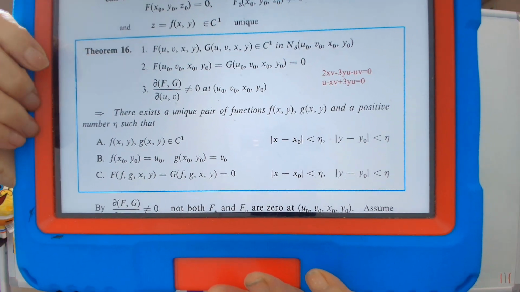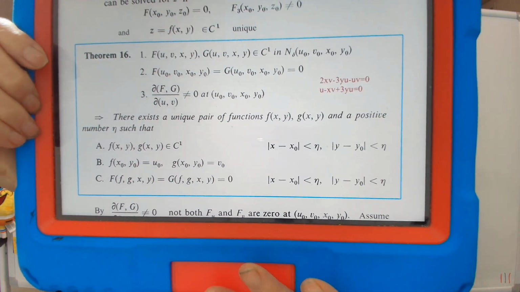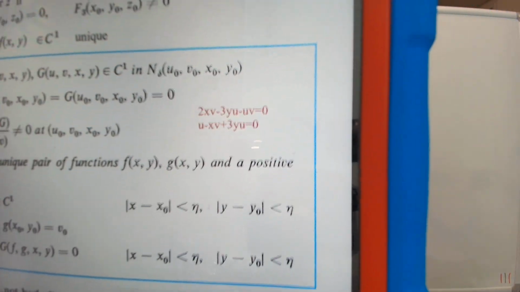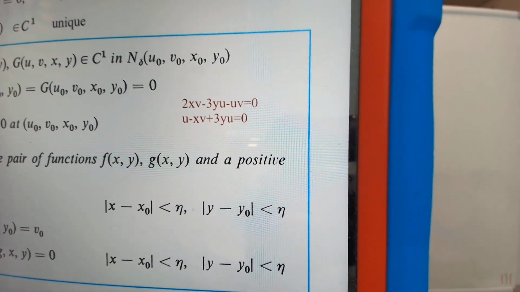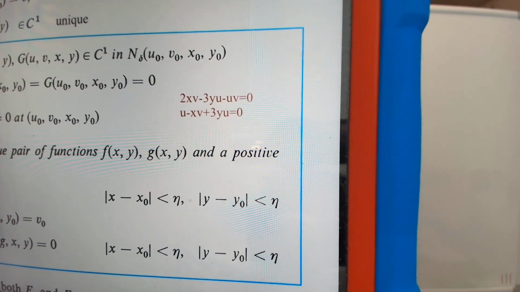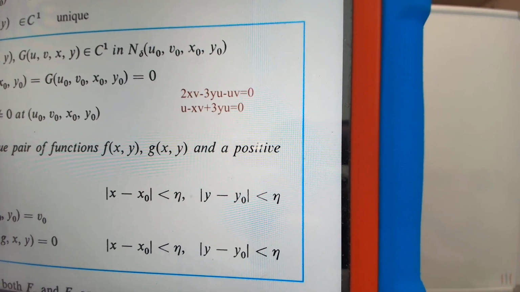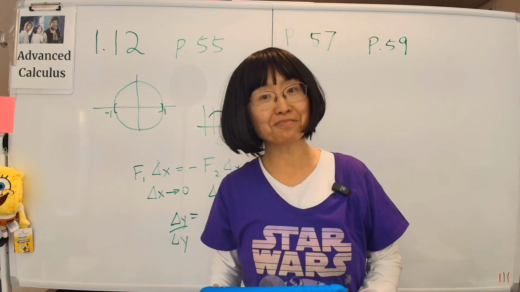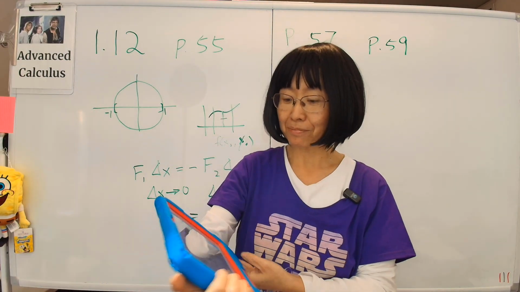Now, to explain what that means, why that is a simultaneous equation, I have written down in red here a sample that you can look at. Here's a sample of a bunch of x, y, u, v's together equal to 0. And then somehow with these equations, you're supposed to be able to solve for u and v in terms of x and y. Okay, and that's what this theorem is about.